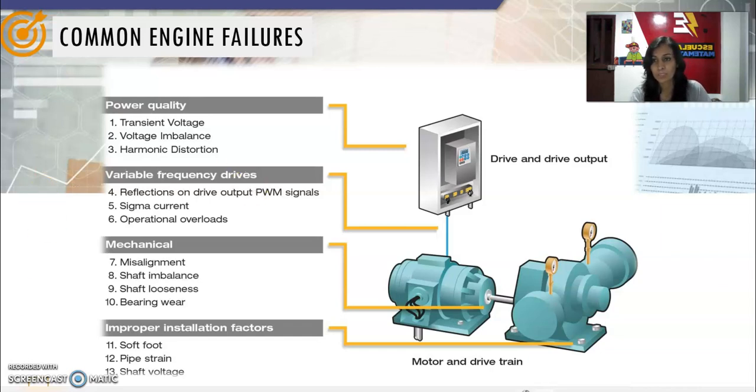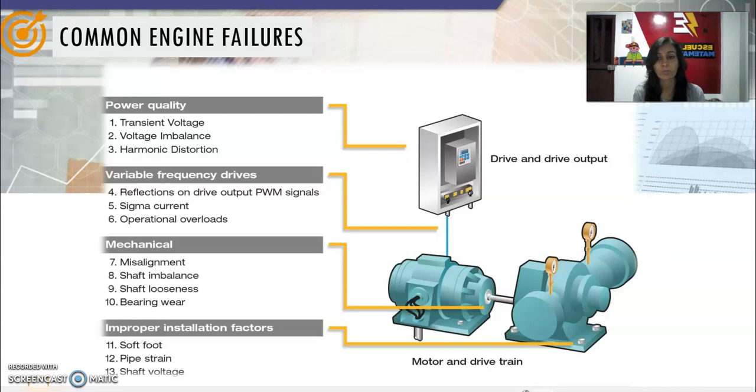For example, we have to check the power quality, which can be damaged or distorted by transient voltage, imbalance, or harmonic distortion. These are three main factors that can contribute to damaging the power quality and, consequently, damage your motor. So you have to analyze these three things.